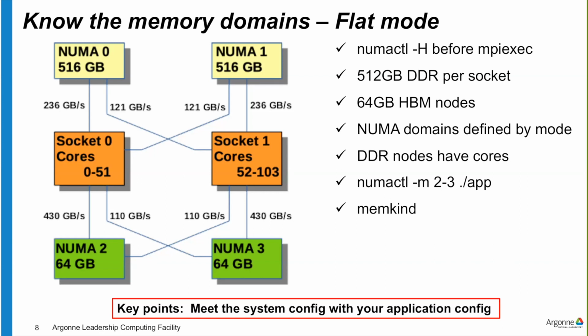So DDR allows you to access the cross-socket NUMA domain at 121 gigabytes a second and cross high bandwidth memory NUMA domain at 110 gigabytes a second. So this is to illustrate that you want to place MPI processes and use NUMA domains correctly. Use NUMA domains according to the socket that you place. Otherwise, you will have a severe hit in bandwidth.